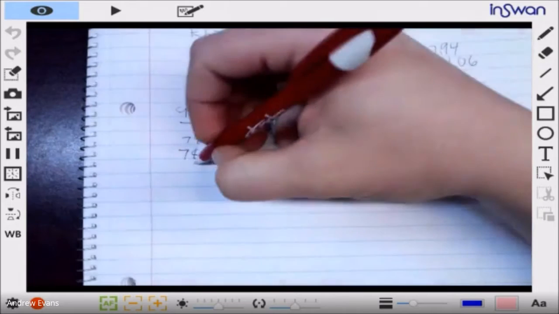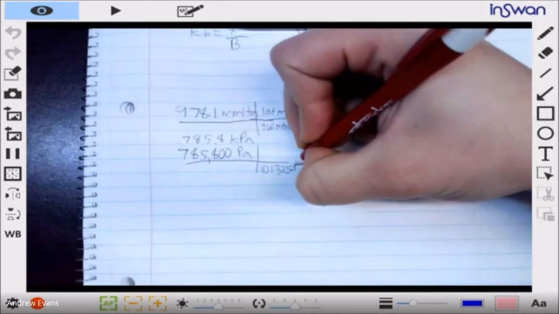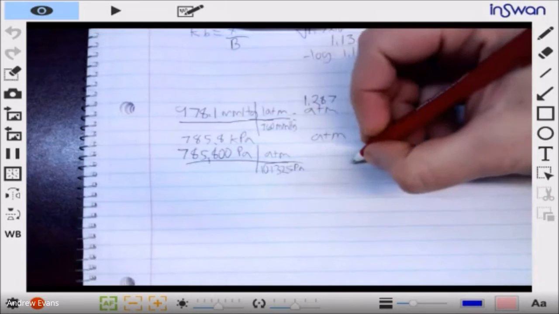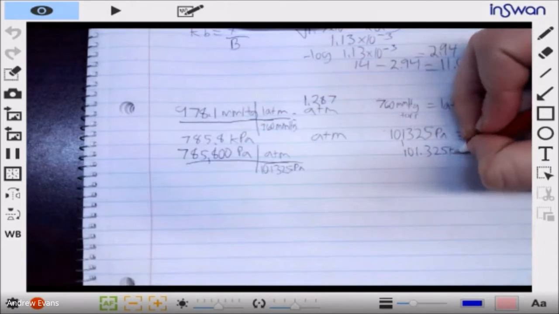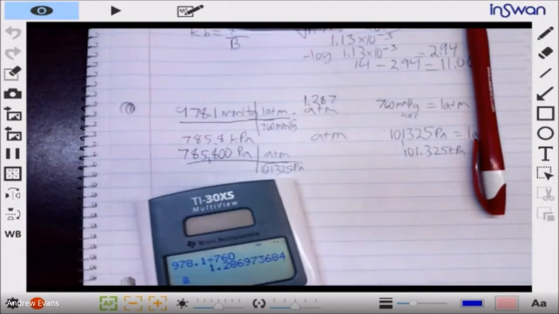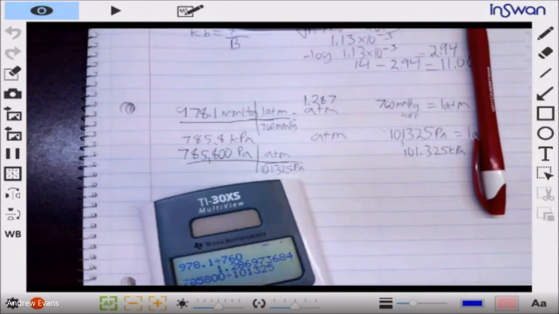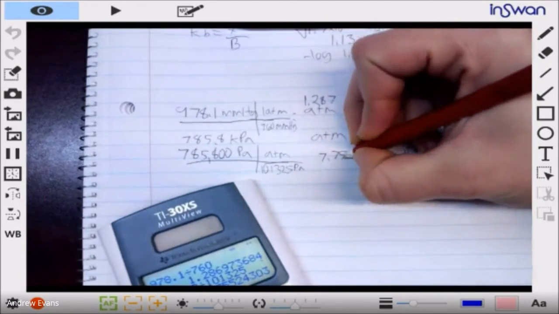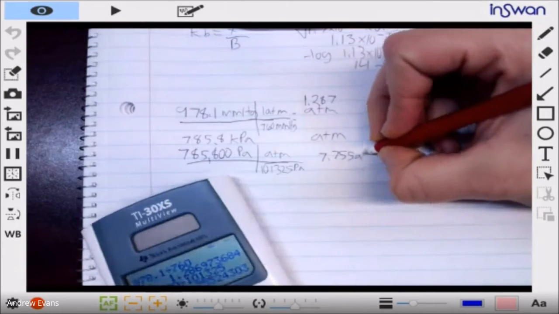So to do this one, we take this number divided by 101,325 pascals, or otherwise 101.325 kilopascals per ATM. I'm not sure what the table's going to give you. So I'm just saying 785,800 divided by 101,325. That's 7.755 ATM.